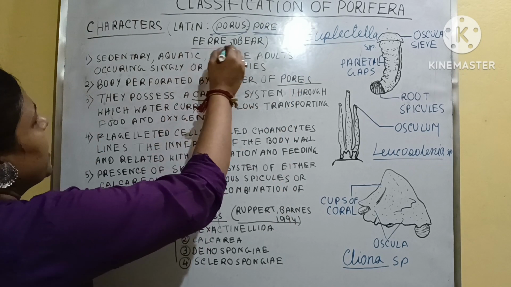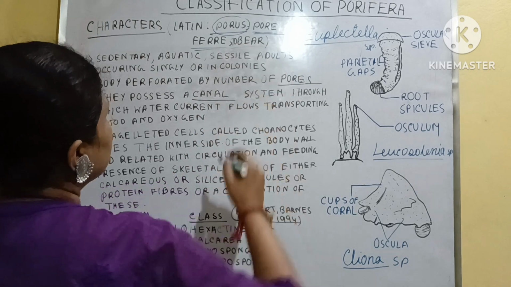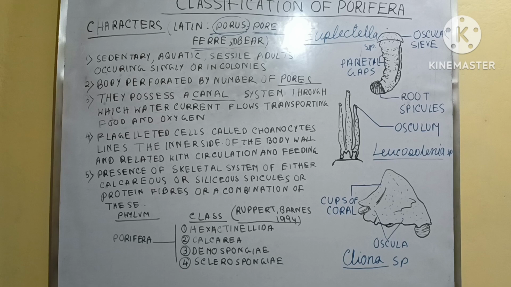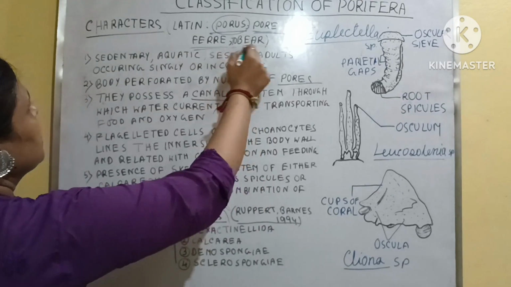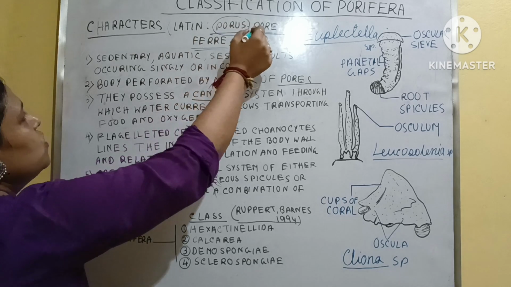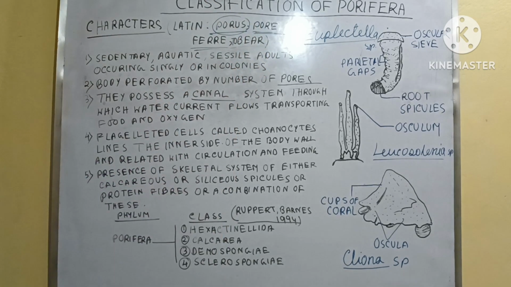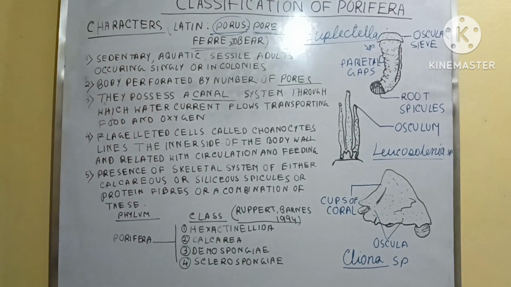And fera or fere means to bear. So porous means pore and fere means to bear. These are the actual Latin words from which the name Porifera is taken.